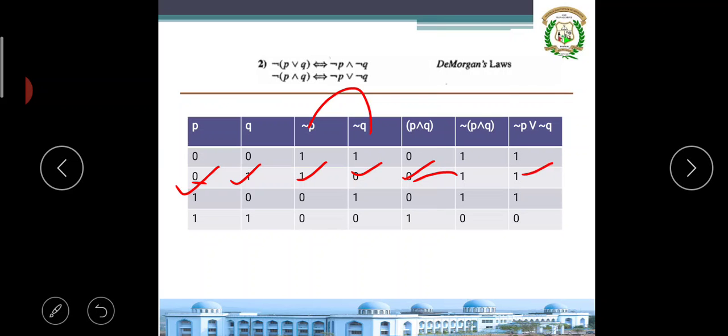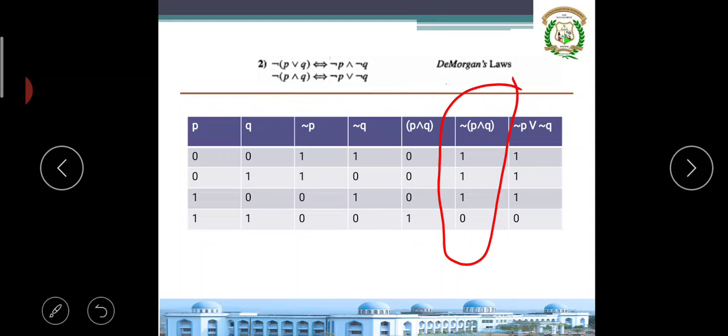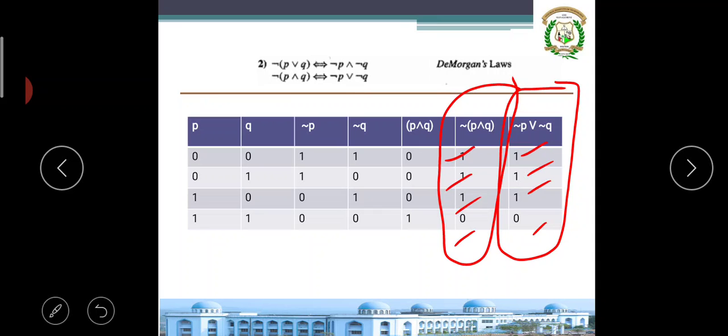No doubt, second column matching. Like this way, if you observe the table, you will find the things. Negation of P and Q is logically equivalent to negation of P or negation of Q. See this, first is 1, second is 1, third is 1, fourth is 0. Am I right?